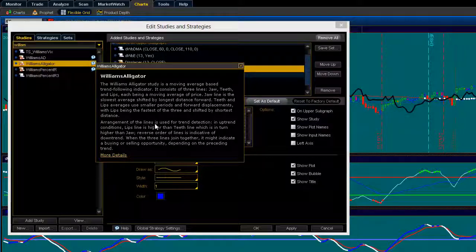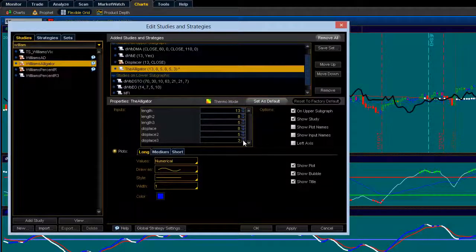So it's a really cool indicator, and basically it's a displaced moving average. The 13 period is displaced 13 periods. The 8 period is displaced 8, and the 5 is displaced 5. The 13 period being the jaw line, the blue line here, and the teeth are the red, and the lips are the green, right?